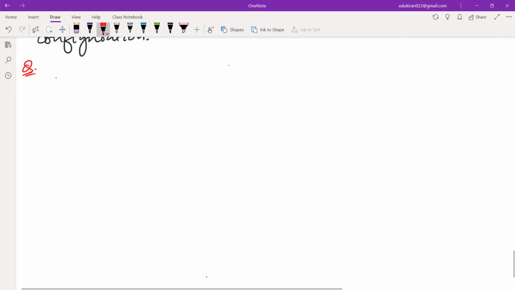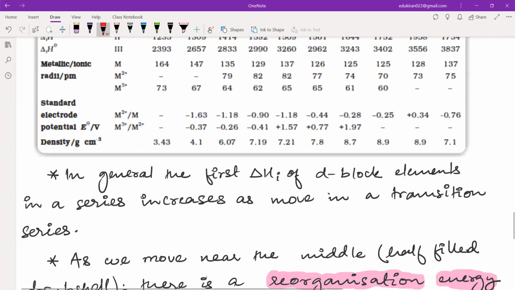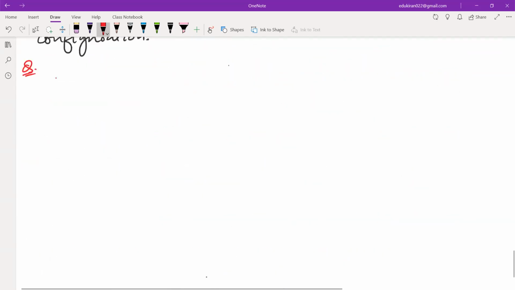Sorry, copper near chromium. Chromium is very, very less than manganese. So you can write the question: Cr has a very low first delta H.